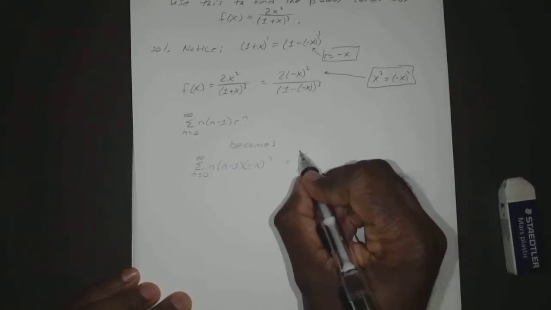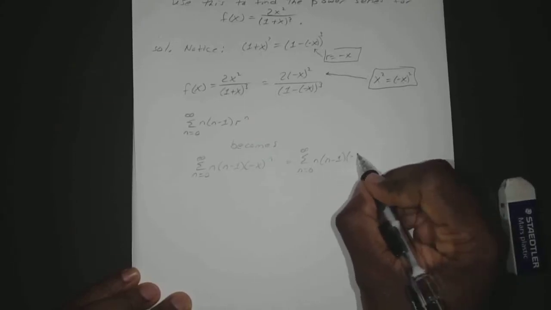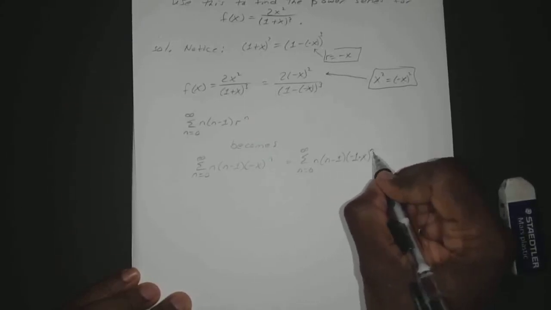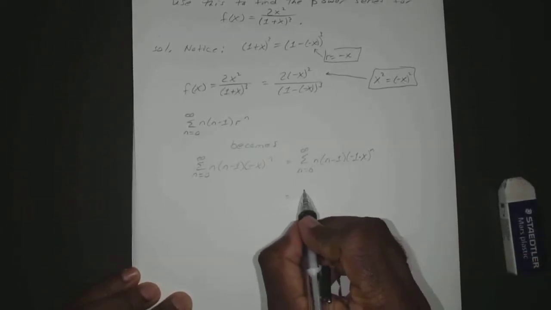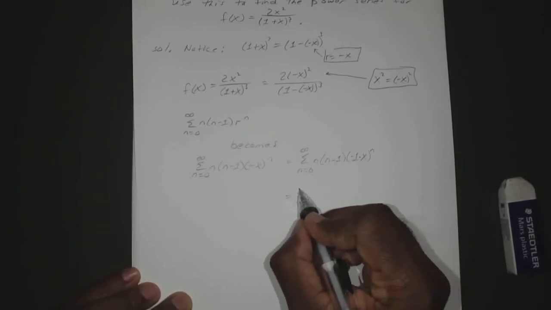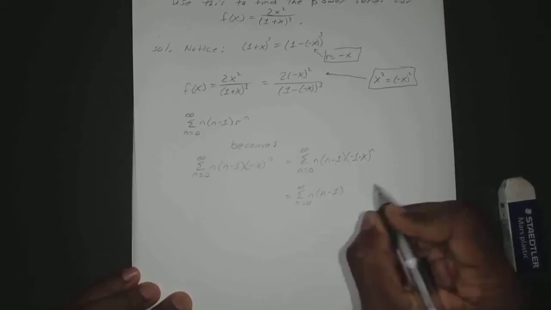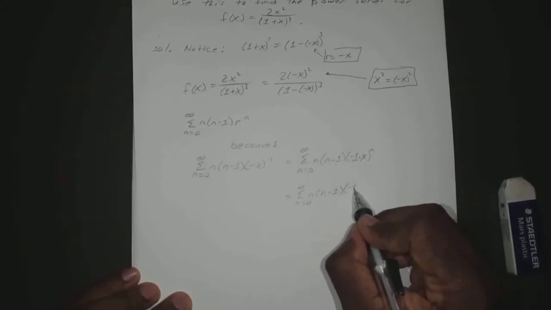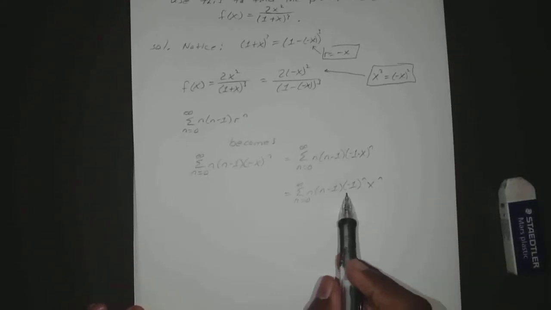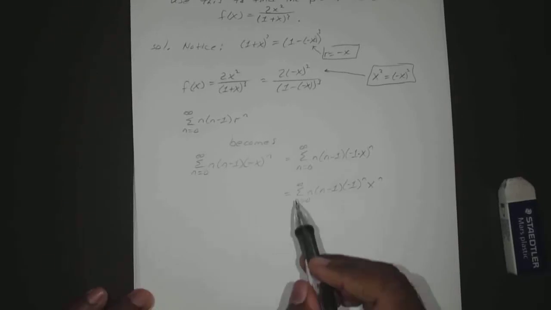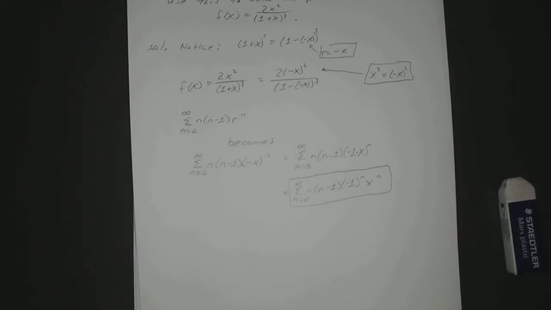So the sum from n equals 0 to infinity of n times n minus 1 times negative 1 times x to the nth. You don't really have to do that step, but it's a quick explanation. That becomes negative 1 to the nth power times x to the nth power. Or you can move the negative 1 to the nth in the front. Either one would work.